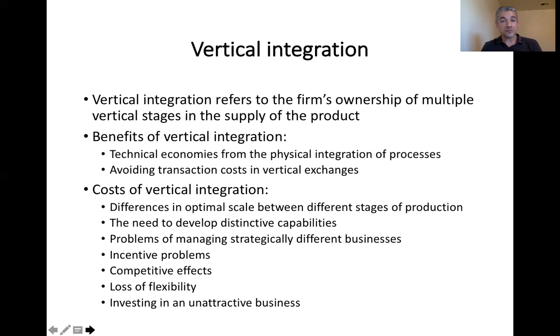Once that pressure is removed, people relax. People don't necessarily do their best job. And sometimes you can exploit whatever pressures exist upstream or downstream. You can buy products at below their market cost. Once you control that other business, this is no longer an option. You will be absorbing the losses that otherwise would have stayed with an independent company, right? So it's a bit tricky.